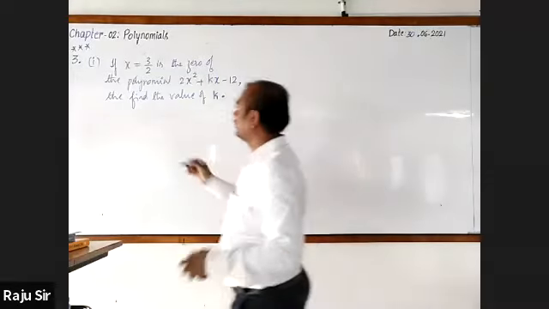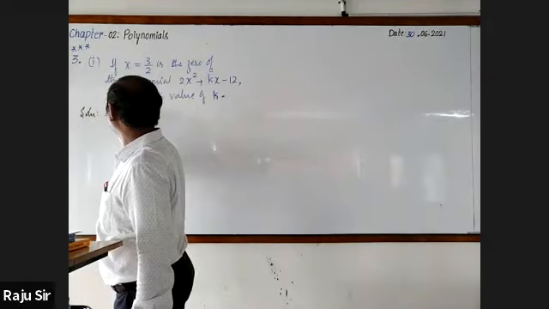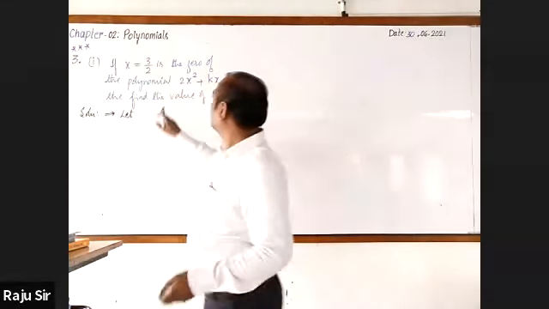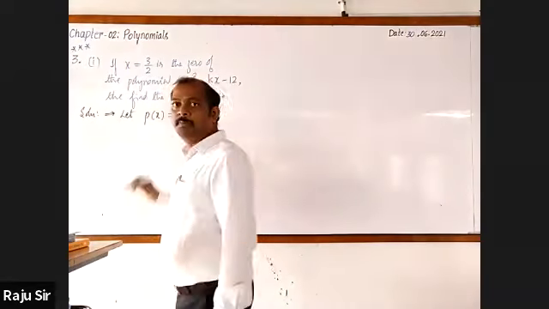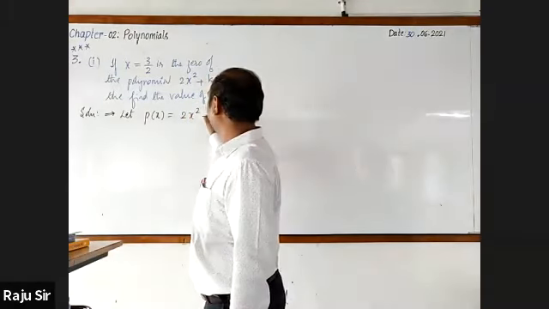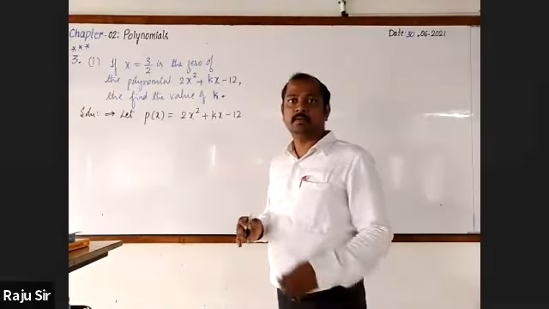Solution. First, let me assume the given polynomial as P of x. P of x is equal to 2x square plus kx minus 12.